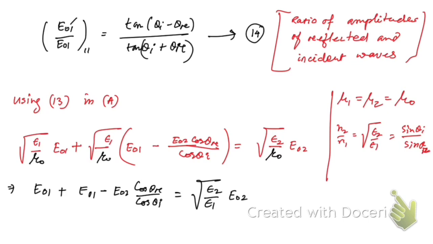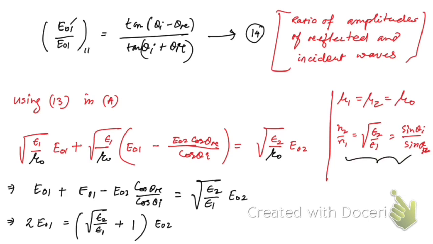So if you shift this one to that side and simplify, we're going to get 2 E naught 1, and on the other side we have epsilon 2 by epsilon 1 plus 1, with E naught 2 common. Now use these equations.